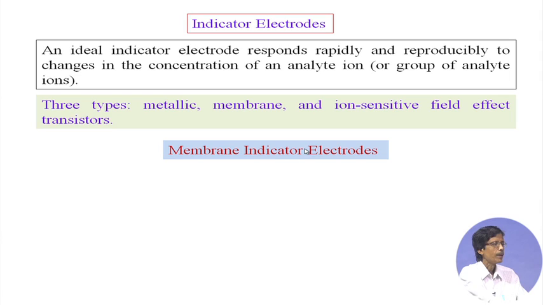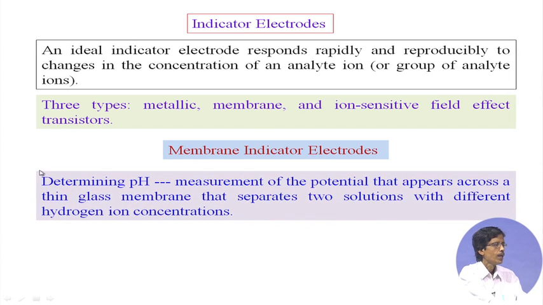Then we can have the membrane indicator electrodes, like your glass electrode, which is utilized for your proton concentration determination. If we have this membrane attached to the indicator electrode for determining your pH, we get the potential that appears across the thin glass membrane.